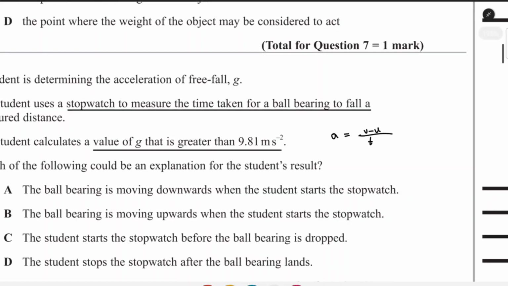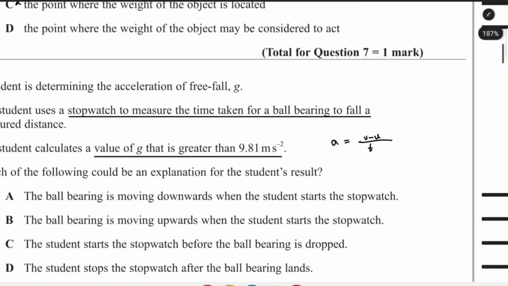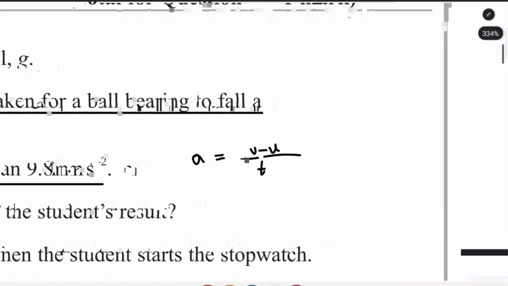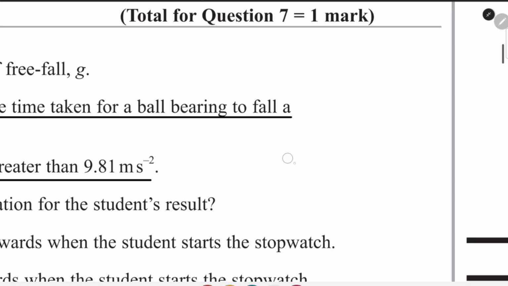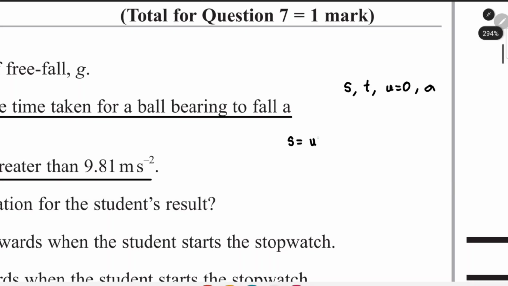So the student is dropping a ball bearing and measuring the time. So we cannot use this. We know the distance, we measure the time, and we know that the initial velocity is 0 and we want to find the acceleration. So we use s equals ut plus half at square.